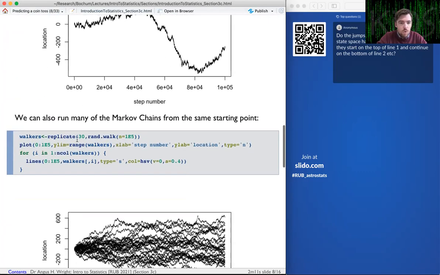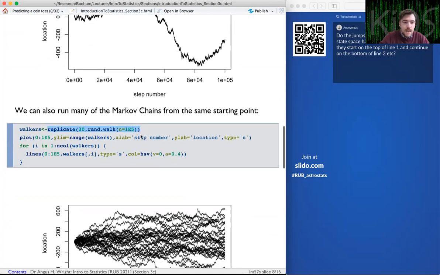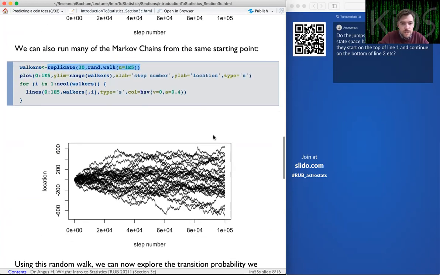I can then call this function 30 times, which is what this replicate is doing. This gives me a matrix where every row is one random walk. And it generates this: a sequence of 30 random walks.